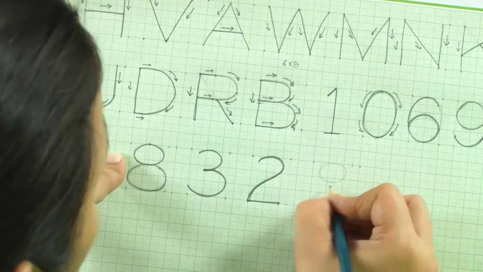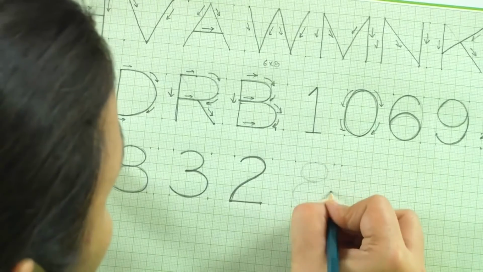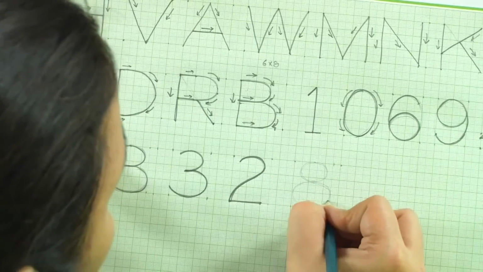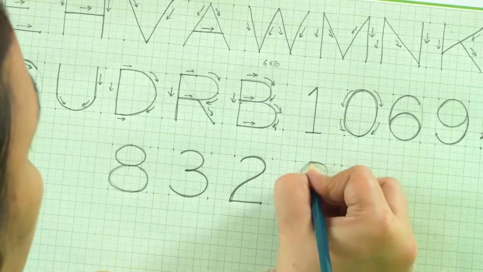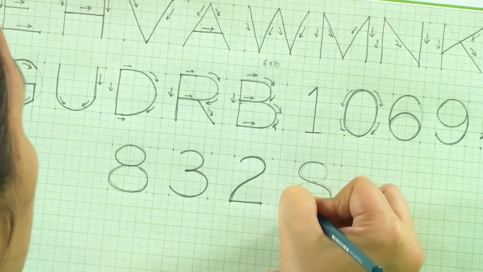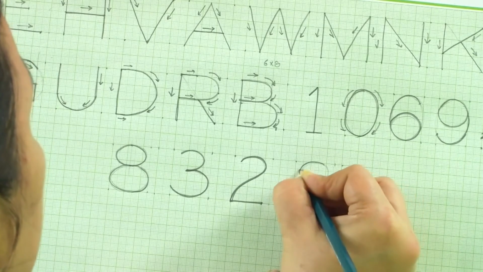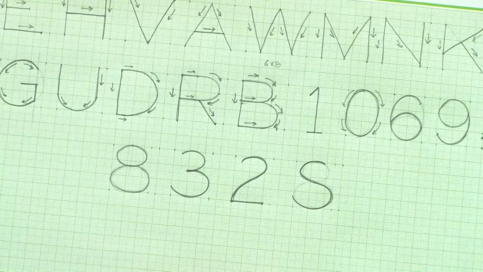I am drawing it very light. So, we have a bigger ellipse and then a smaller ellipse. Instead of drawing this complete thing, we would just draw part of the 8 here. That is your S.